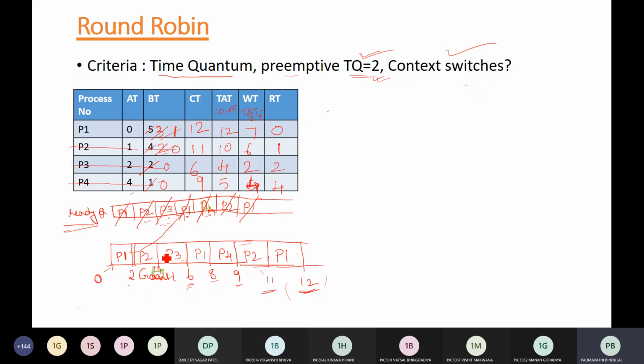So here one context switch, here another one, 2, 3, 4, 5, and 6. So the total number of context switches is the number of times you are switching the process. P1 to P2, then P2 to P3, like this you are switching the context, and that you call context switching.